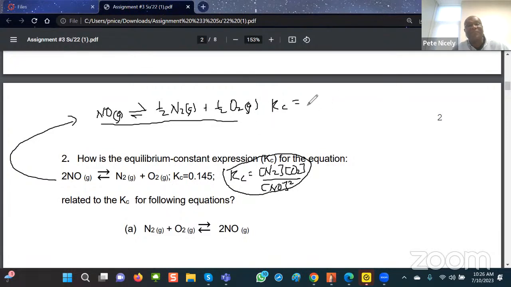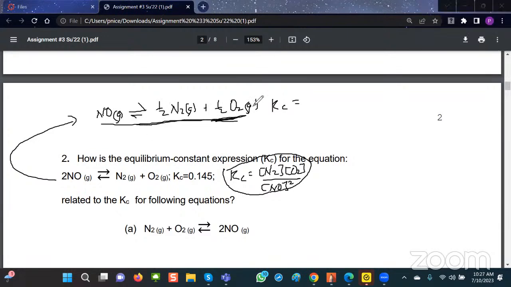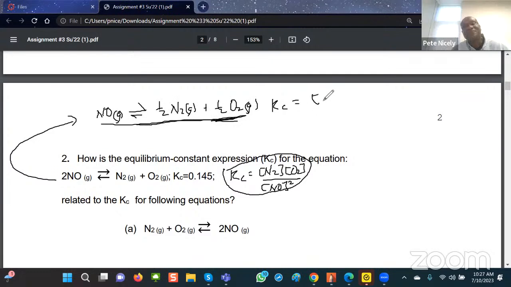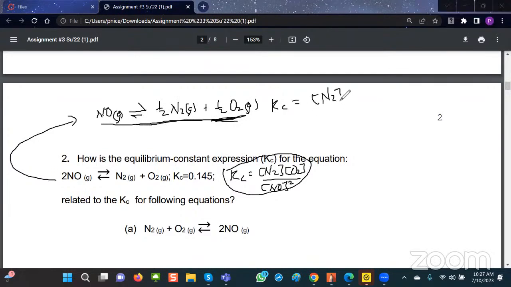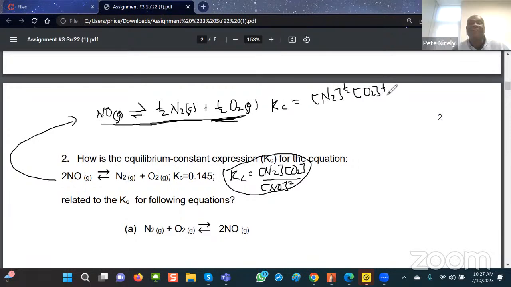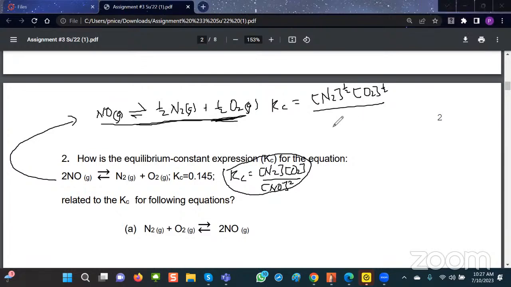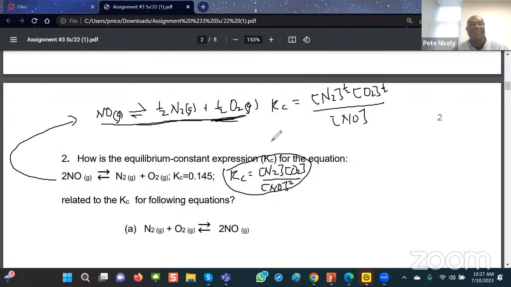I want to get a Kc expression for this equation. Oh, so it would be the concentration of N2 to the half power, and the concentration of O2 to the half power, over the concentration of NO. Very good.